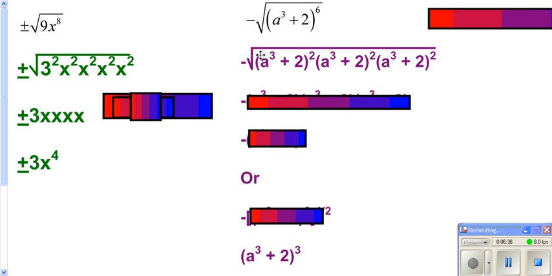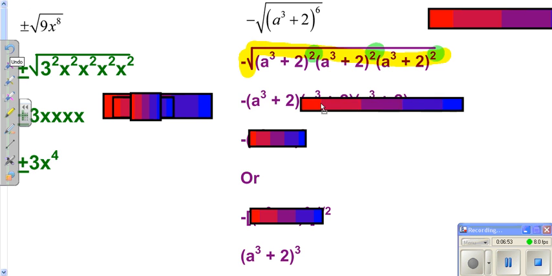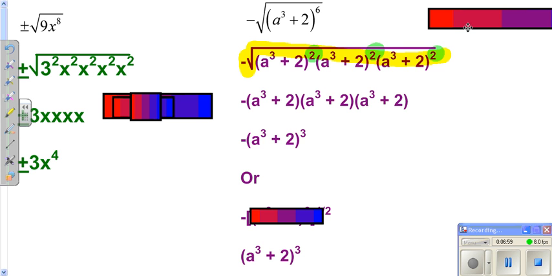Then our square root undoes each one of our exponents. So this square root right here, whoops, kind of messed up my square root, it undoes each one of our squaring. So you're left with only the parenthesis stuff. Well, you have the same parenthesis multiplied together 3 times, so you could write it like this.